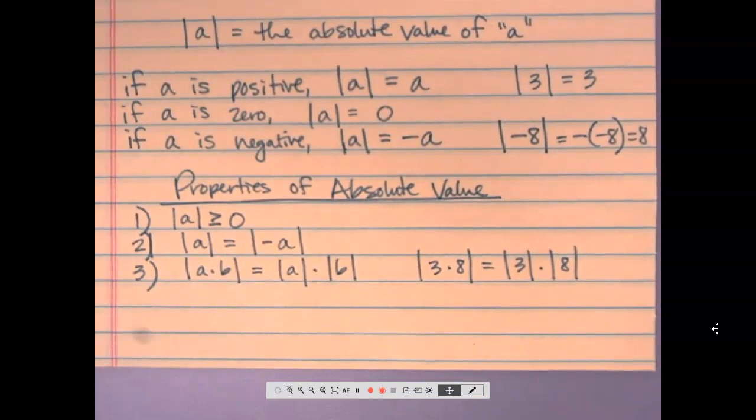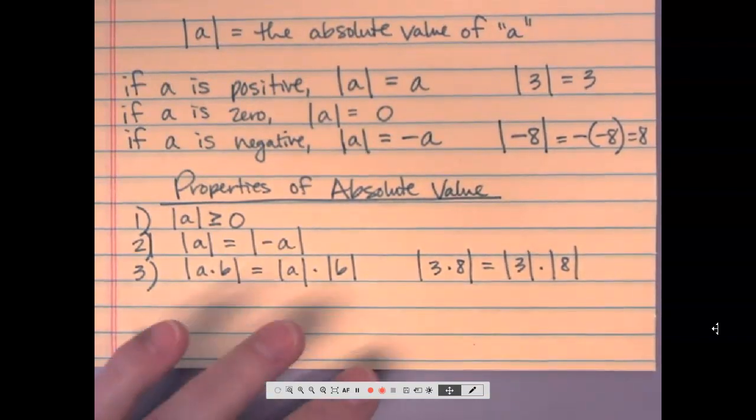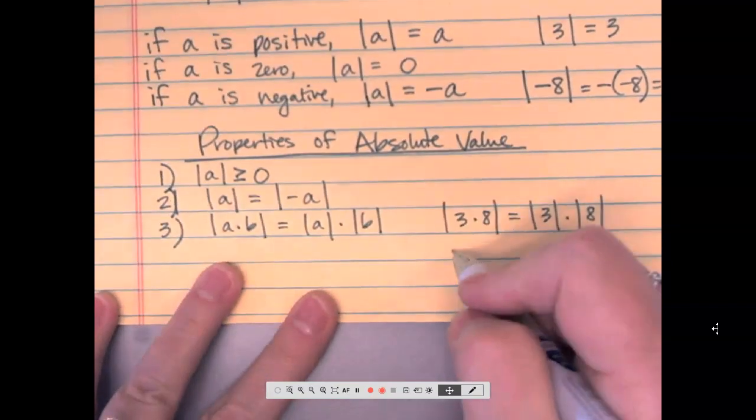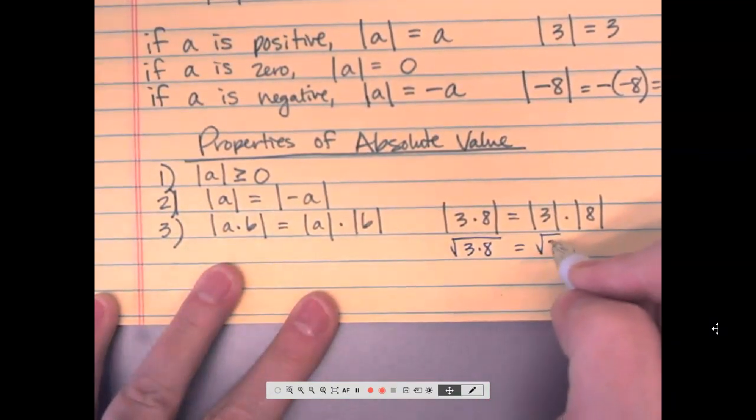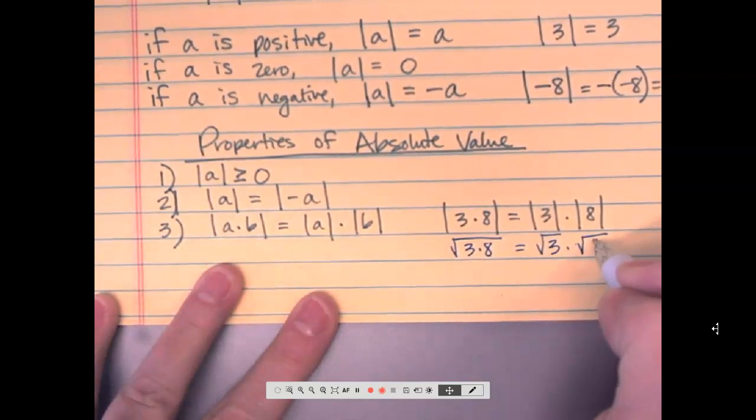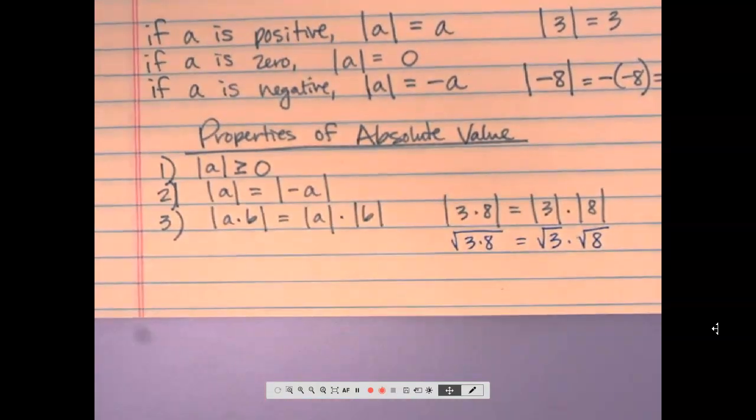And I'm going to put a little side note. This rule is also true for square roots. If I had the square root of 3 times 8, that is also the same as square root of 3 times square root of 8. Absolute value, square root, totally different concepts, but it's a similar property that holds true there.